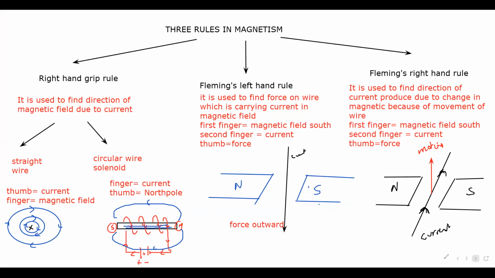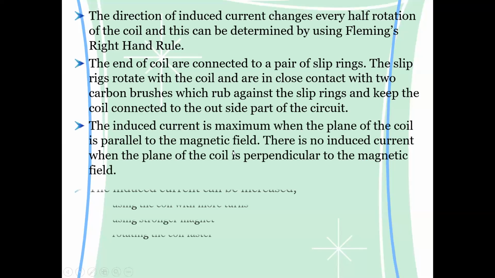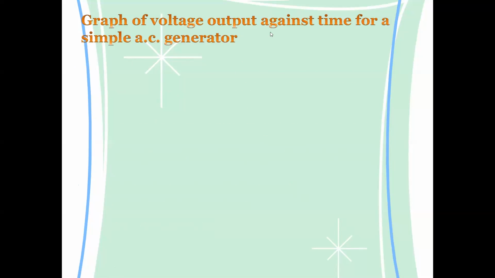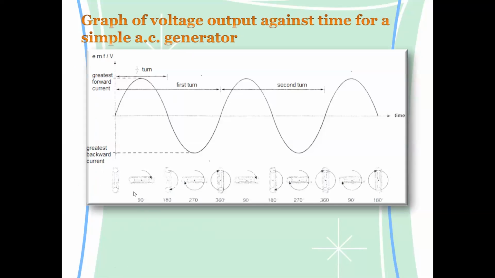And why does the graph fall down, or the direction of induced current change? As you can see, this is the graph of voltage output against time for an AC generator. First, you have a rectangular coil which is exactly vertical.